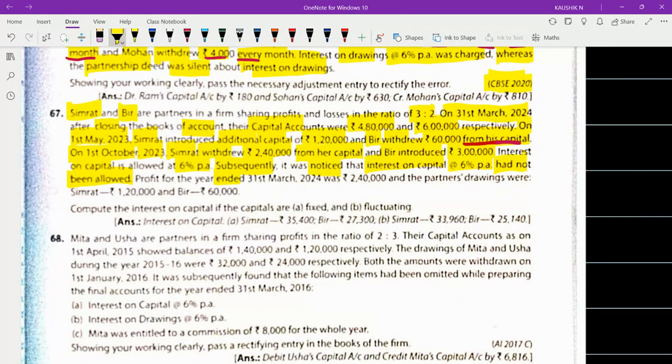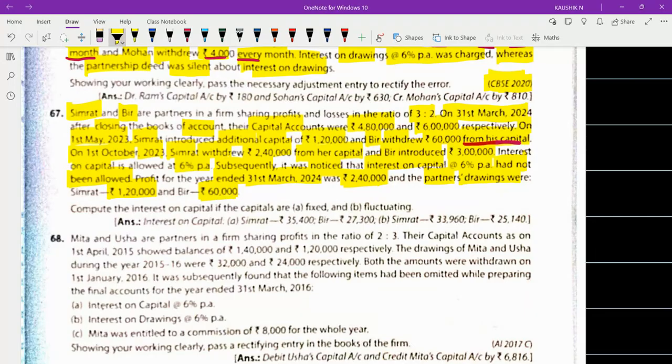Profit for the year ended 31st of March 24 was rupees 2 lakh 40,000. The partners' drawings were: for Simrat it is 1 lakh 20 and for Bir it is 60,000 rupees.